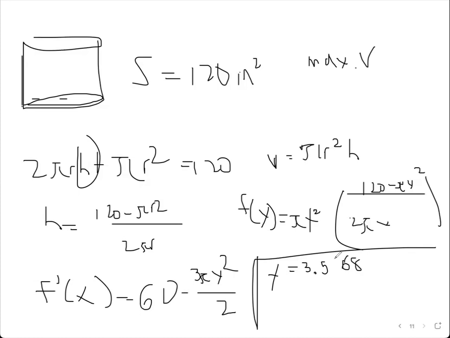Let's say it wanted to know what the volume was, the maximum volume. So you just plug that back into the equation that you got, the one in terms of x, basically the function f of x.